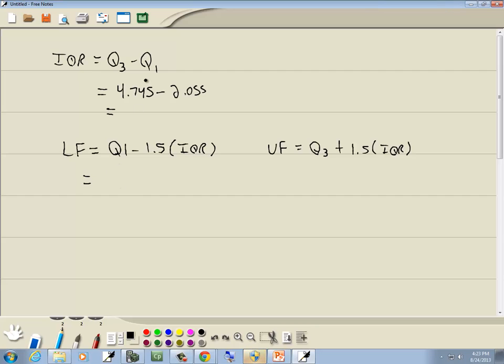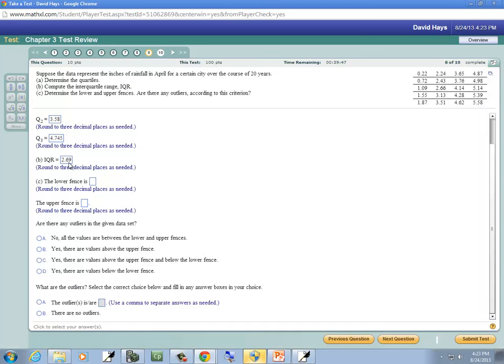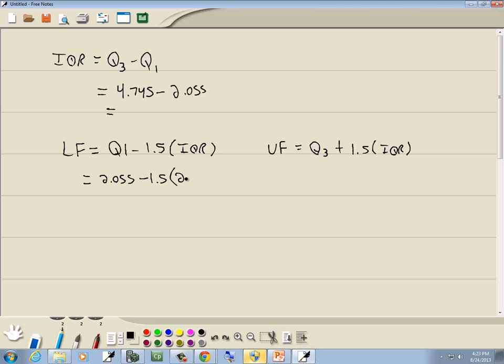Okay, Q1 was 2.055, minus 1.5 times IQR, which we said was 2.69. For the upper fence, Q3 will be 4.745 plus 1.5 times IQR, which was 2.69.